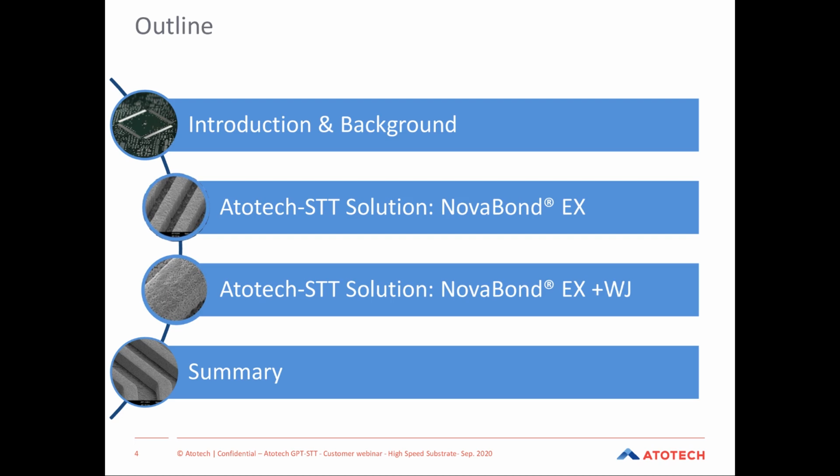I will start with one of the products called Novabond EX, which is targeted at low etching for high-speed substrate applications. Then we try to push ourselves to go even lower with the etching and also the roughness, which will be the second solution of this topic today, Novabond EX plus WJ. And at the end of the presentation, I would like to wrap up by giving you a summary.